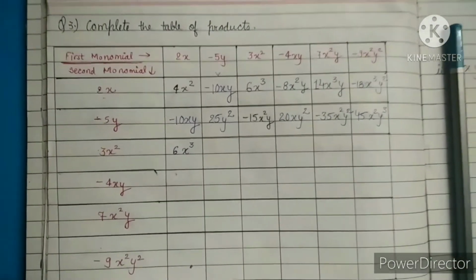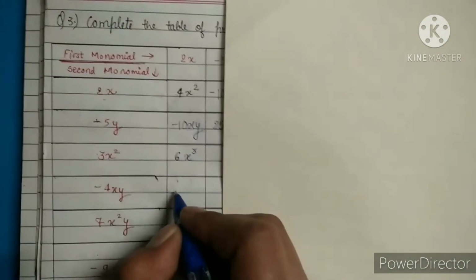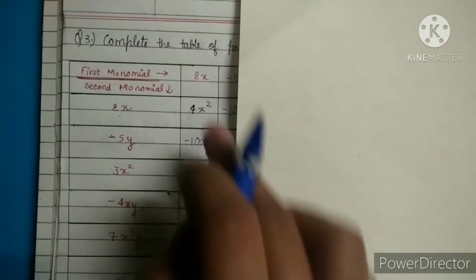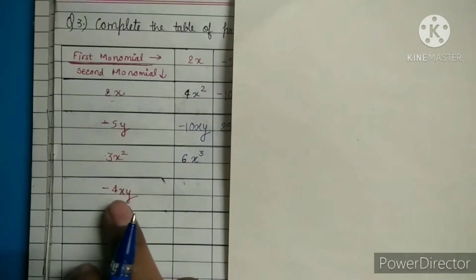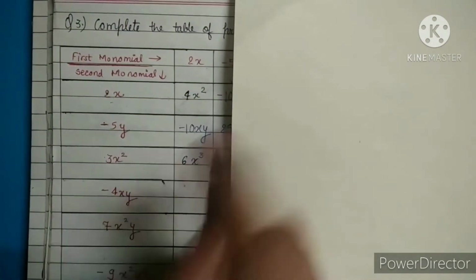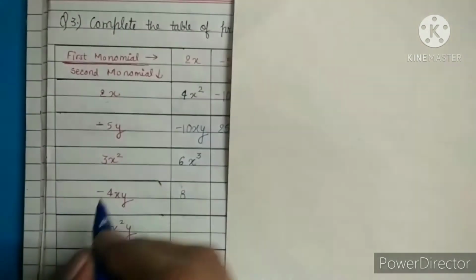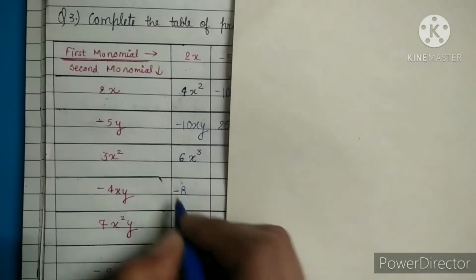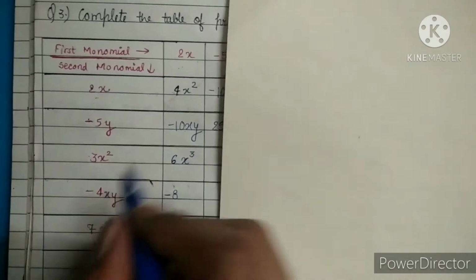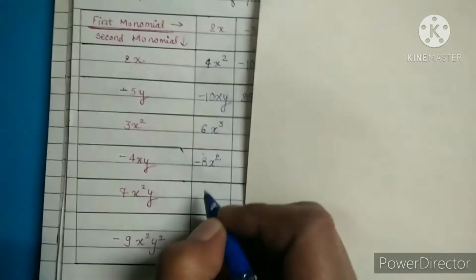Again, if we are going downside, this empty cell is made by the intersection of 2x and minus 4xy. So 2 4s are 8, but one is positive, one is negative, so here negative. Here x is to power 1, here x is to power 1, so in the answer x is to power 2.